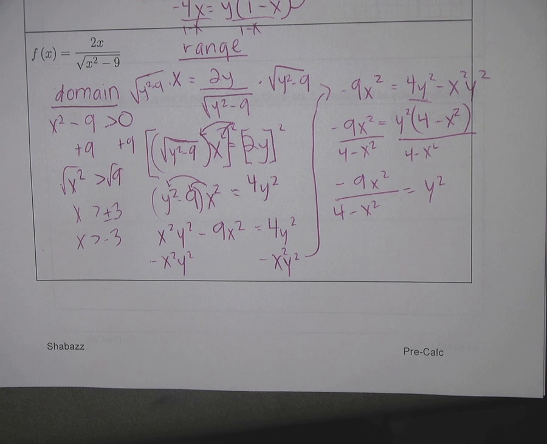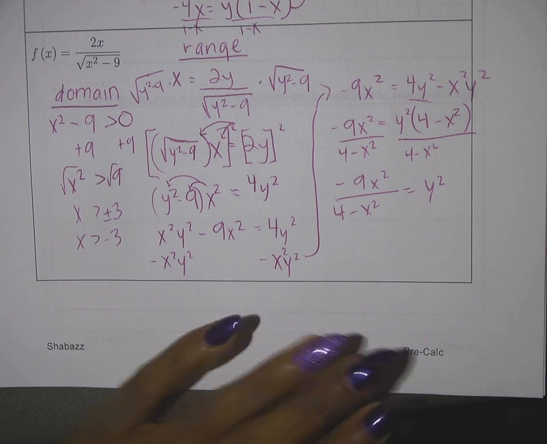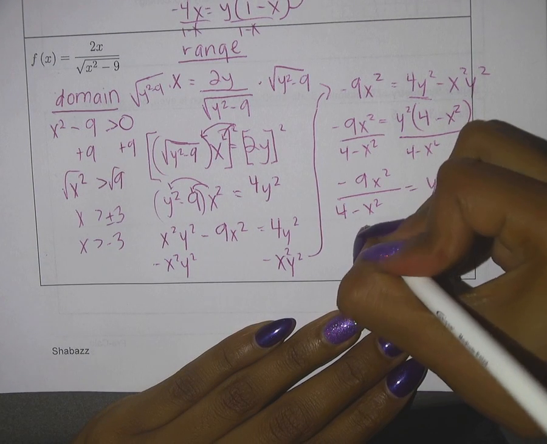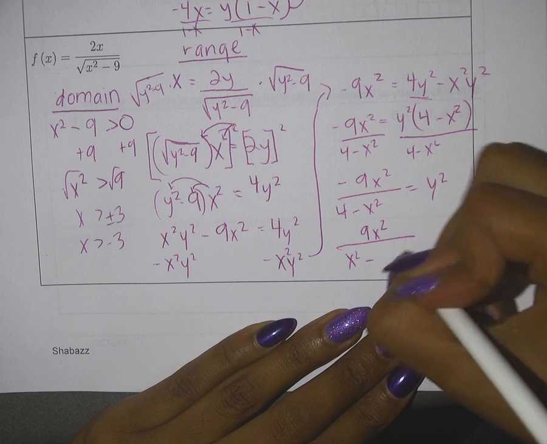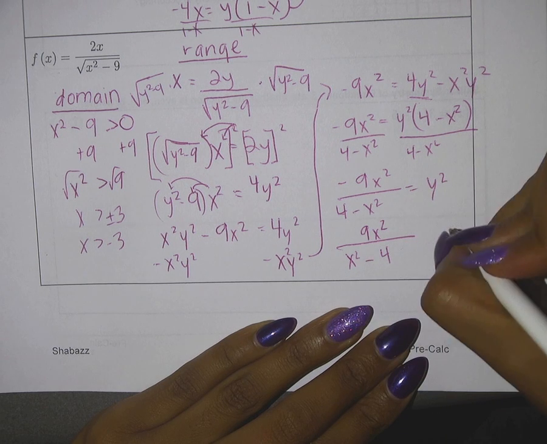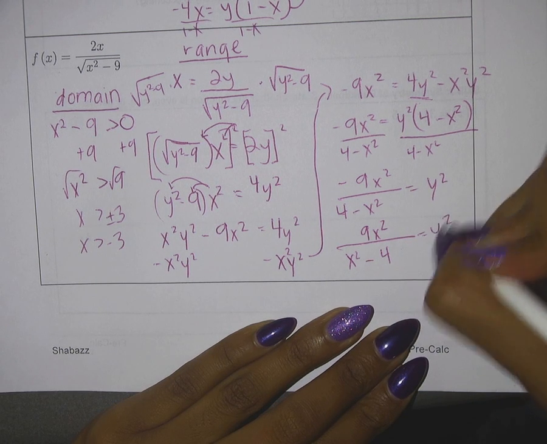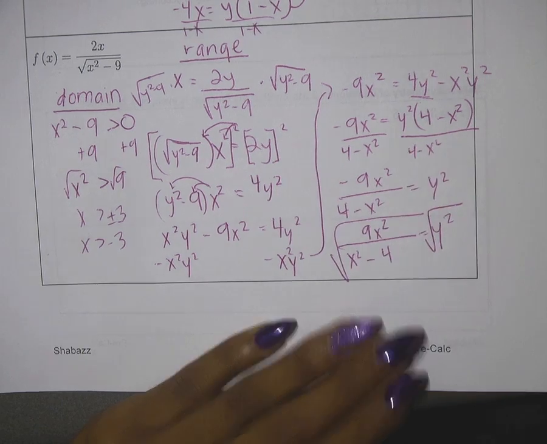I should square root. But before I square root this, I'm going to multiply all this by a negative, because I do not want to take the square root of a negative term. And now I'll square root.